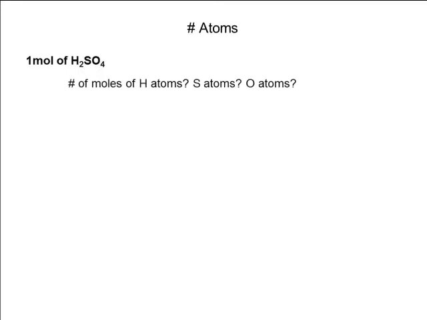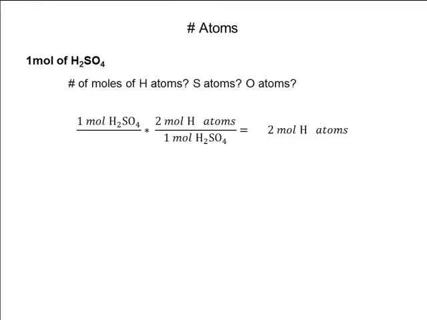If I want to know the number of moles of hydrogen atoms, sulfur atoms, and oxygen atoms, I can set up this relationship. I start with 1 mole of H2SO4 and want to cancel moles of H2SO4, so I put those on the bottom. I want to convert to moles of hydrogen atoms, so I put those on top. From the formula, for every 1 mole of H2SO4 there are 2 moles of hydrogen atoms.